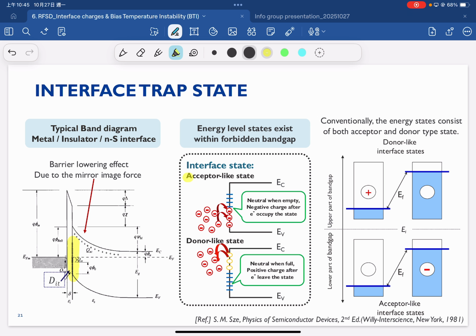One is the acceptor-like state. The acceptor-like state is neutral when empty, but a negative charge will be formed if an electron occupies the state, which is this one.